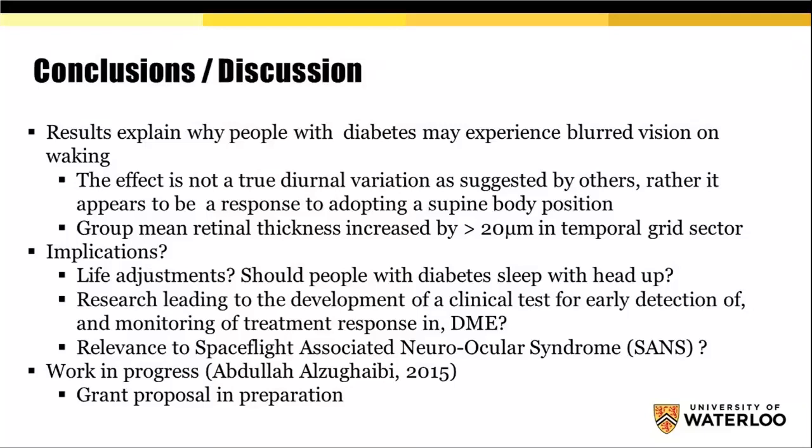And people don't know why this is happening. It probably relates to the fact that in a non-gravitational environment, the heart is over-perfusing the eye because it's used to pumping that column of blood against the force of gravity. That's what we're thinking. So this has relevance to SANS as well.